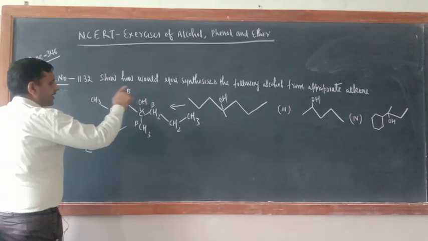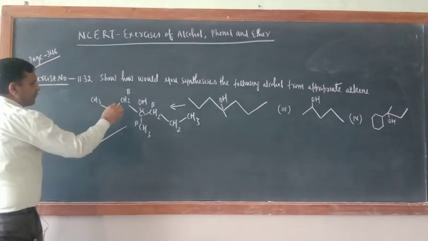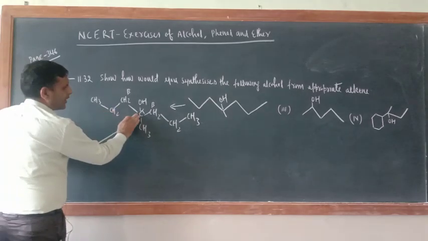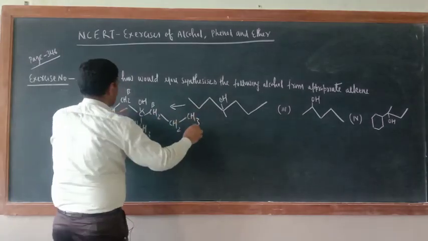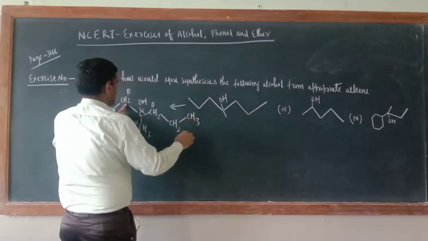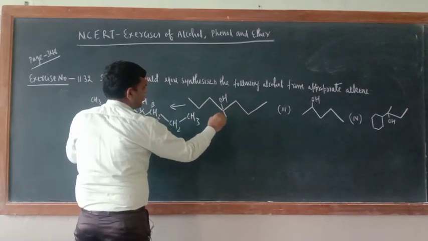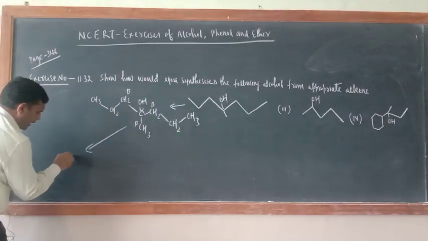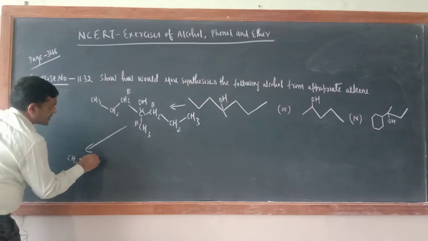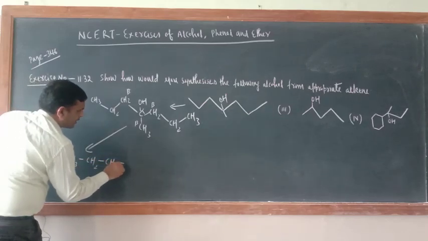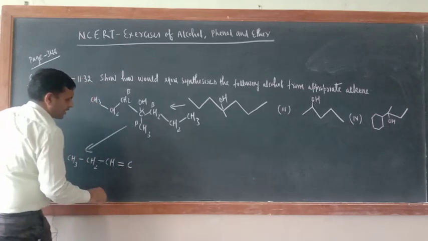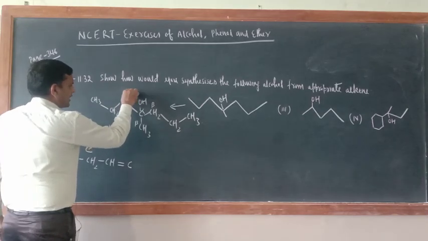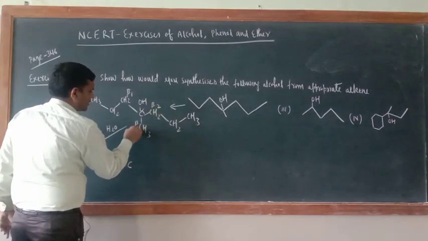So 3 types of alkene will be formed here. If it is eliminating from here, what would be there? Now suppose H is going from here, so where will the double bond be generated? Here the double bond will be generated. Okay, I will write in this way: CH3 CH2 CH double bond C. If minus H2O is there from here, let this be beta 1, this beta 2, this beta 3.